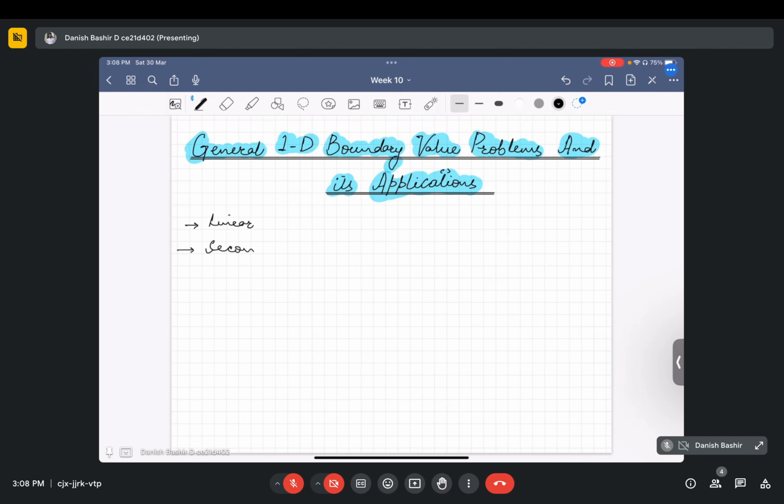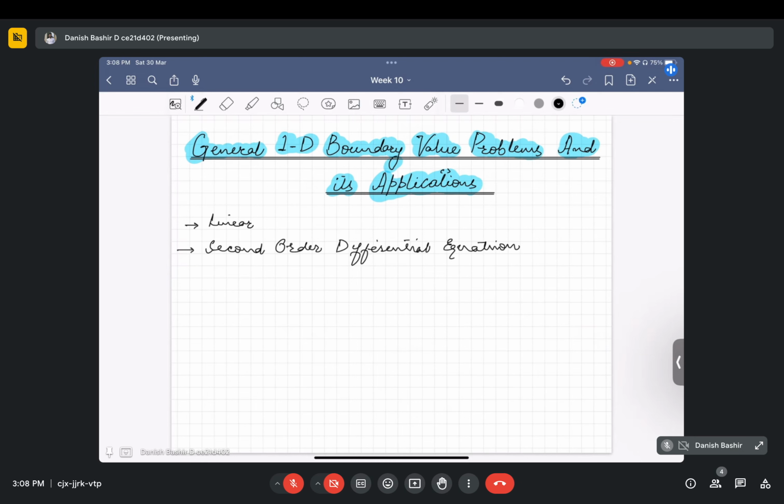So for a linear second order differential equation, let us put a generalized form to that.